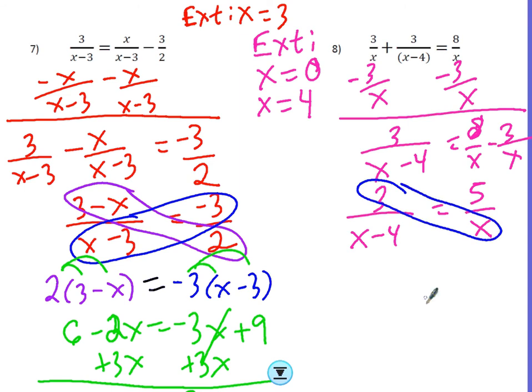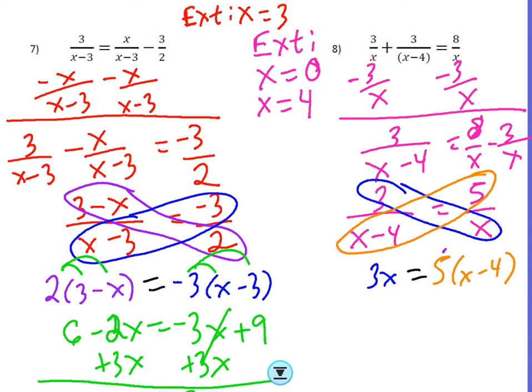3 times x is 3x. And that equals 5 times x minus 4. And then we will distribute over here. So 3x equals 5x minus 20.